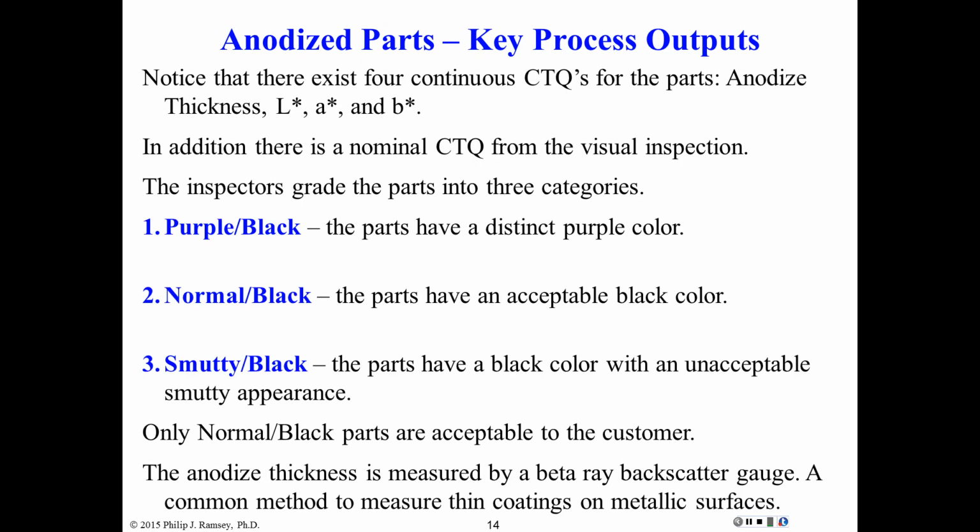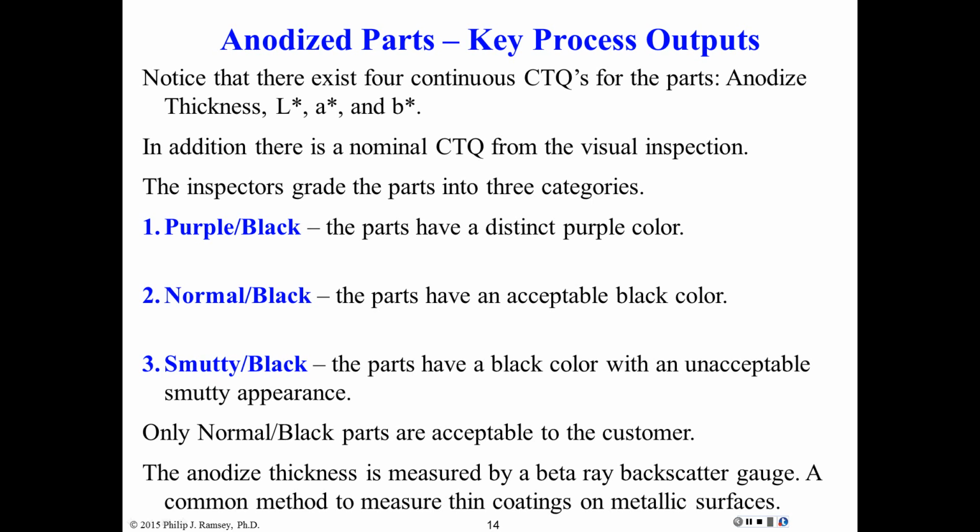Now, the anodized thickness, L star, A star, and B star, again, are the critical to quality characteristics. However, there's also a visual inspection. In other words, a trained technician actually inspects the parts and grades the surface quality into 3 categories.